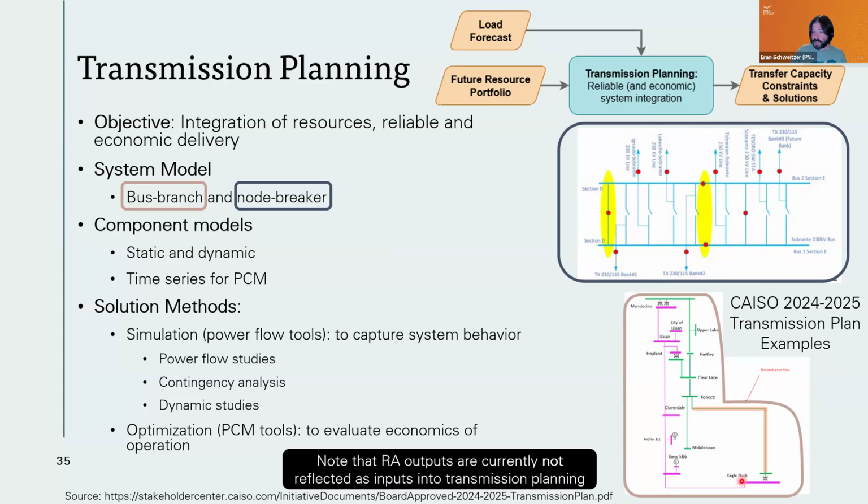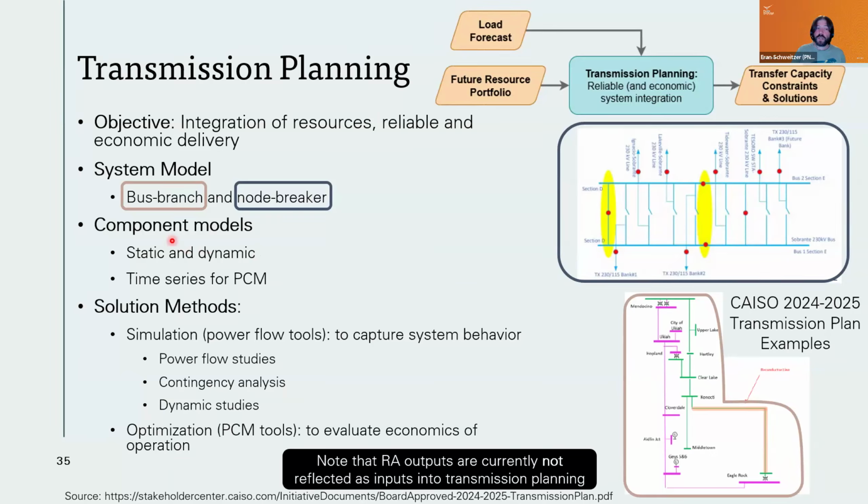So over here, you can see there are the various buses, and we can see the branches that connect them. Here's a transformer, transmission line, etc. We also have node breaker models. So this is an example here. And again, the main difference is that we're actually capturing the internal substation configuration. And this becomes important for understanding certain types of operations.